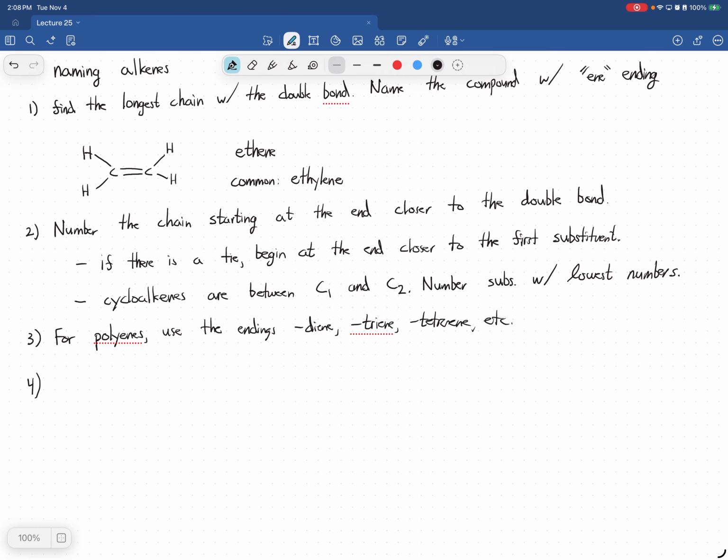All right, so how do we name di-substituted, tri-substituted, and tetra-substituted alkenes? There's geometry considerations we have to be aware of. If you have di-substituted alkenes, you can label them as cis or trans. So identify cis or trans isomers. This is for di-substituted alkenes.